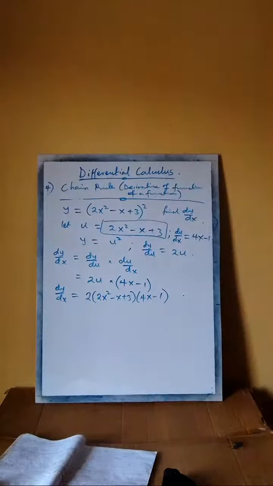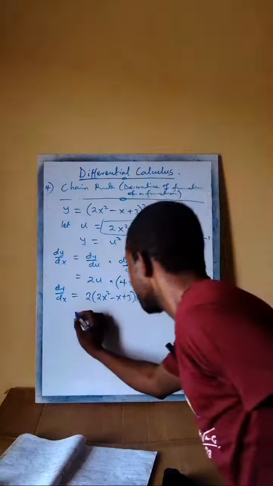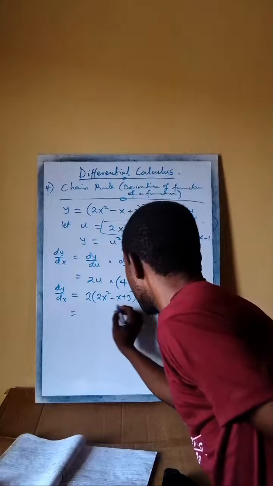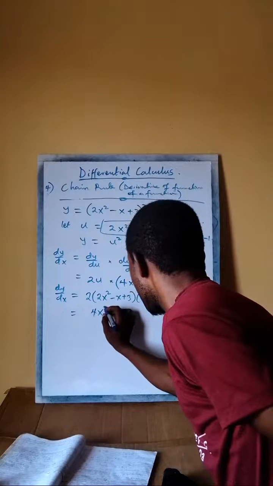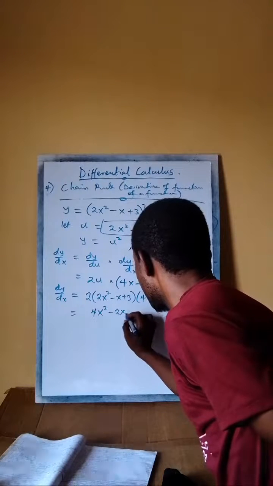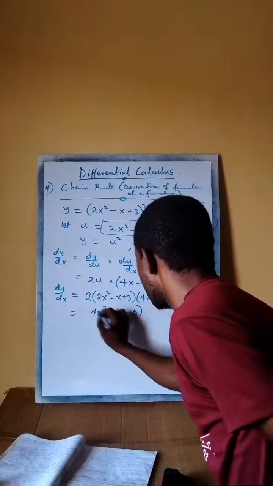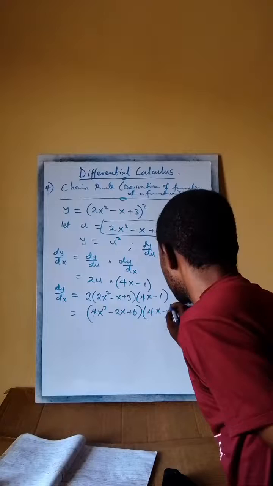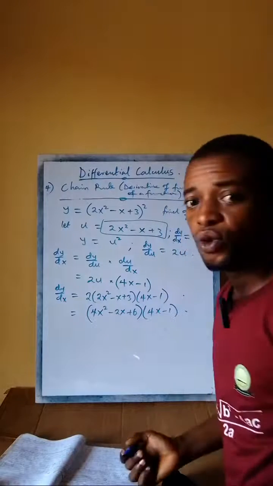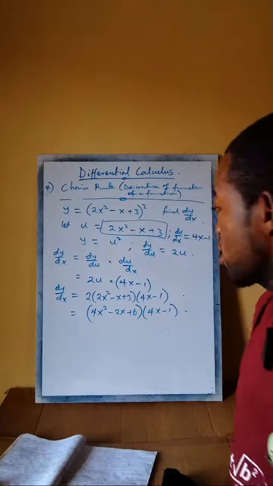So if we like, we can expand this bracket. Using 2 to multiply, this gives us 4x squared minus 2x plus 6, then times (4x minus 1). Then if you like, we can open this bracket, or we might leave it just like that.